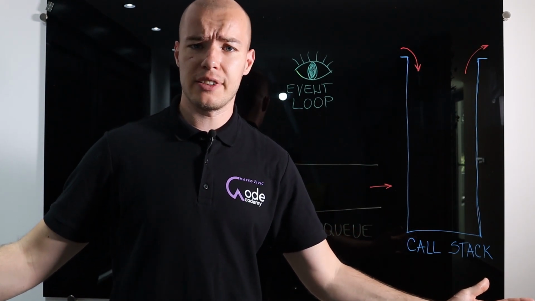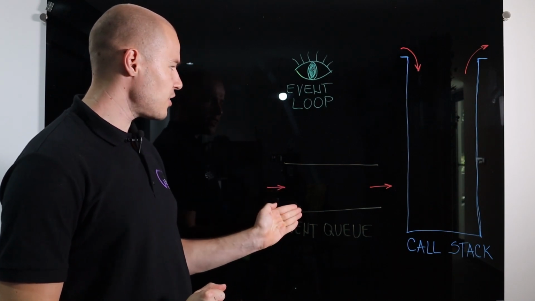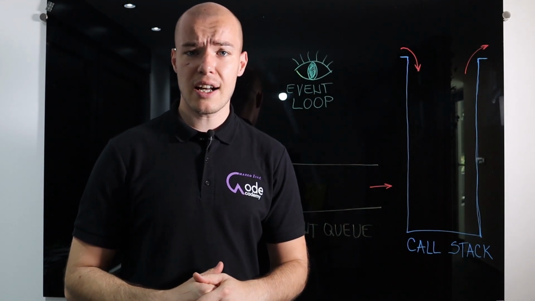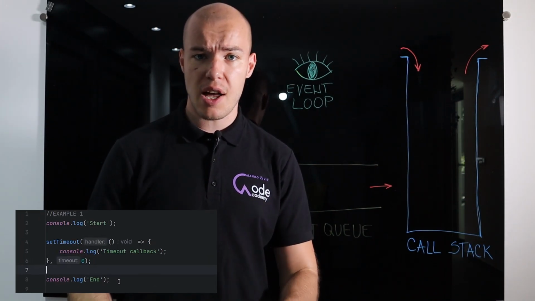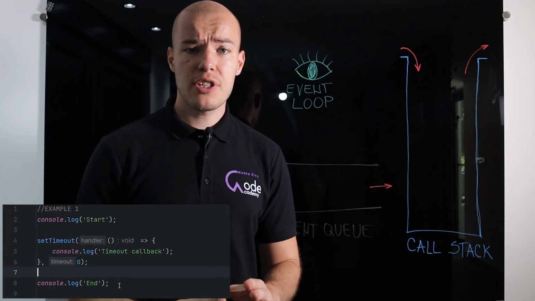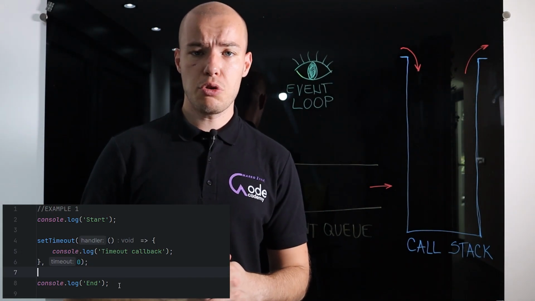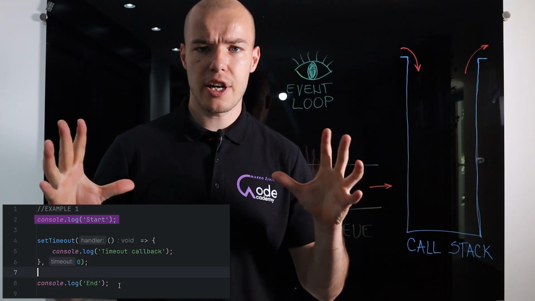And welcome to our drawing board environment. I have prepared for you a call stack, also event queue and event loop. So now let us discuss what is going to happen when we execute our first example. As you can see right here, the first line that we have in our code is going to be console log for starting our execution.